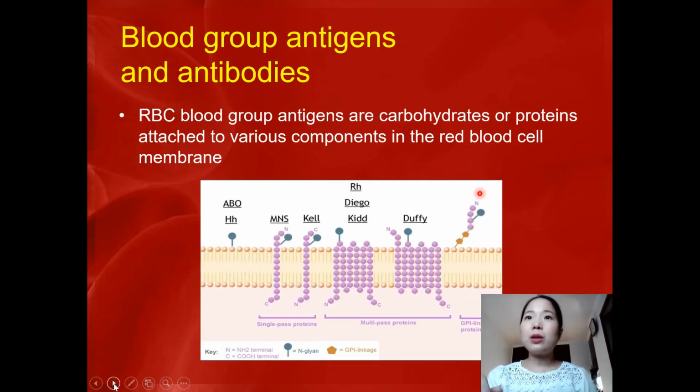Now, the RBC blood group antigens are carbohydrates or proteins that are attached to the RBC membrane. Some, as you will see, would be a single pass protein. Some will be just as simple as being seen on the surface of the RBC membrane. Some will be multipass proteins such as your RH protein, your Diego, and your KIT blood group antigen, and of course, your Duffy.